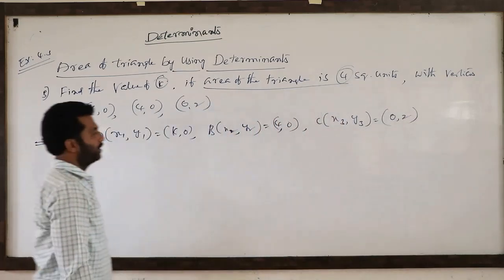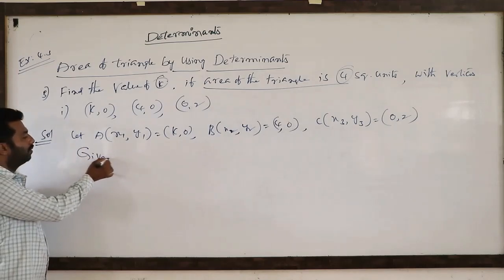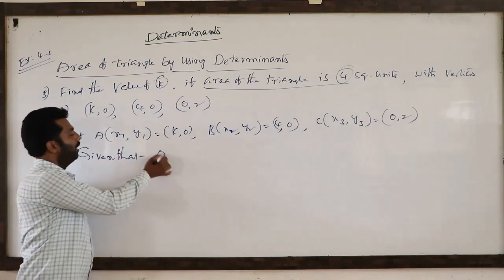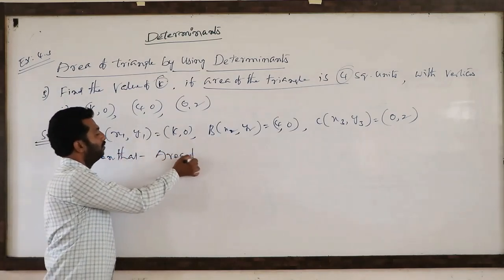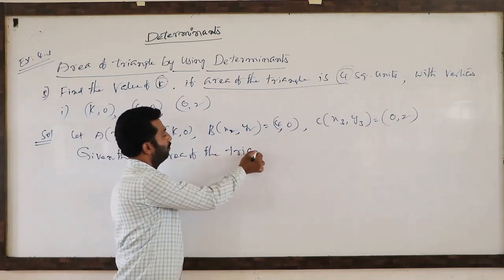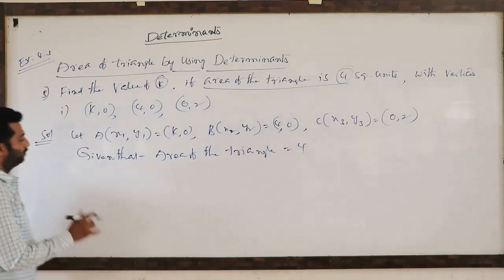These are the vertices. Given that the area of the triangle equals 4 square units.